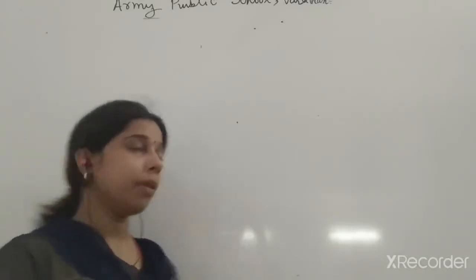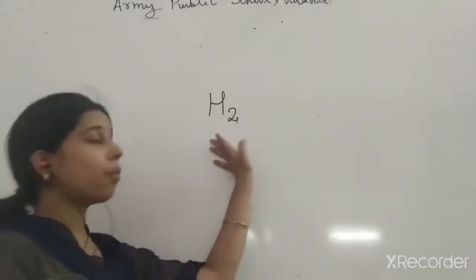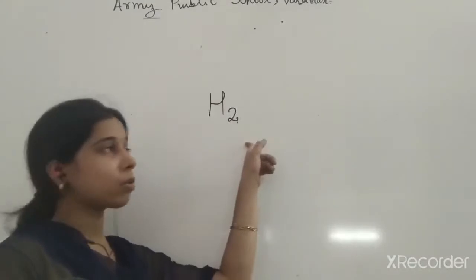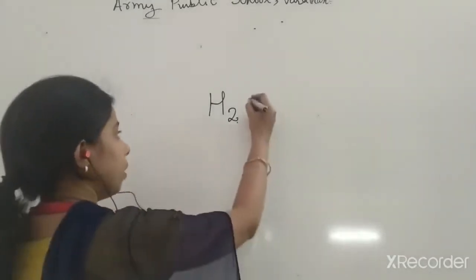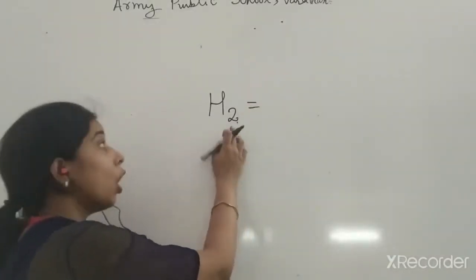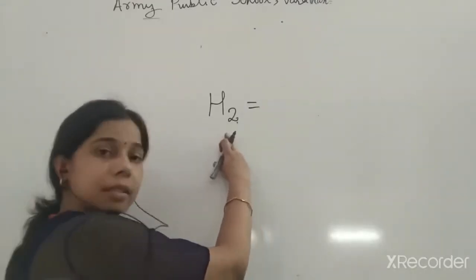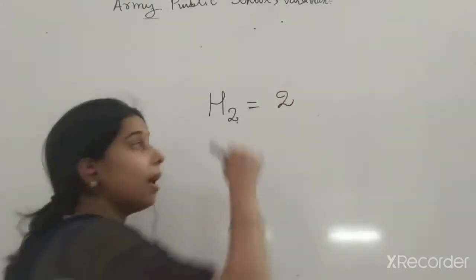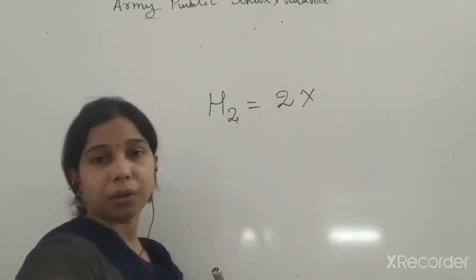For example, suppose H2 is there, and we have to find its molecular mass. This is a molecule because 2 atoms combine together, so we have to find the molecular mass of this hydrogen gas. So how can we find it? Now you see here, what is the subscript given here? That is 2. It means 2 hydrogens are attached with it. The number of atoms present in hydrogen is 2. So we will write 2 into the atomic mass of the element.